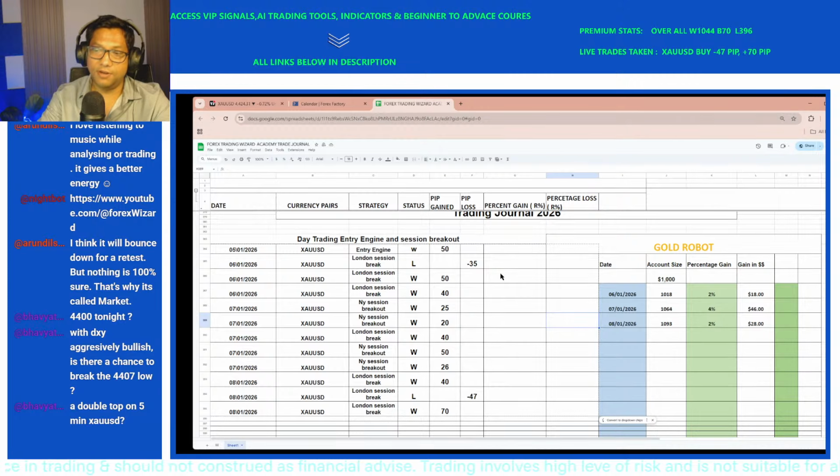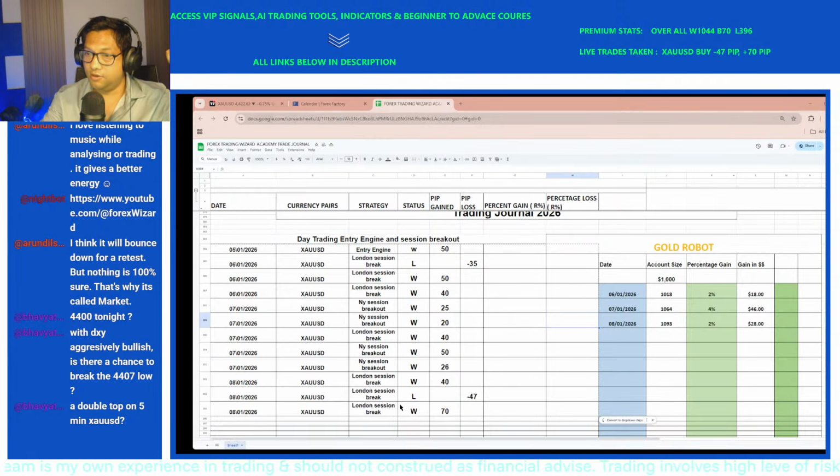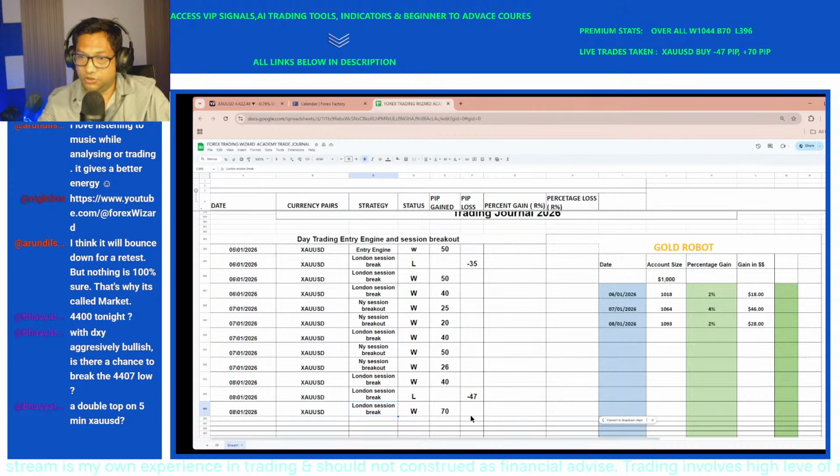These are real statistics, real trades sent in the premium group, and every trade that I open, I also mention the strategy. For those who are learning the strategy, make sure you keep an eye. This is the last one that we opened in this live session, created by the trade engine, and it is based on the trade engine strategy.